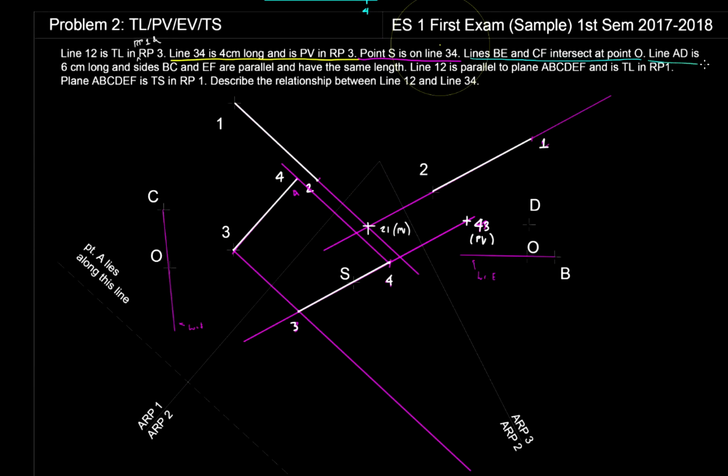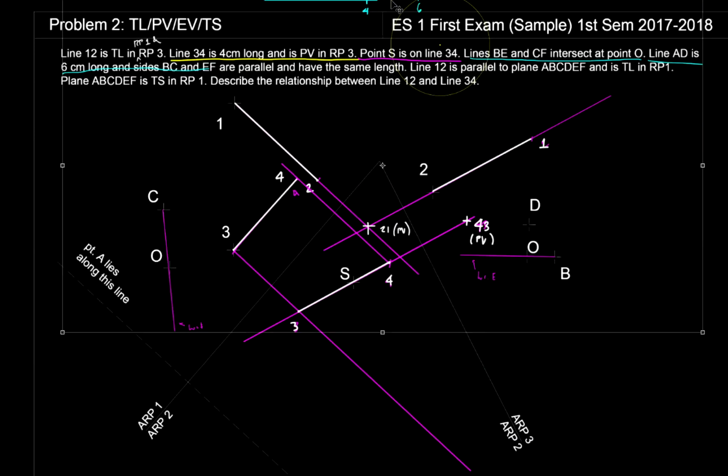The next is line AD is 6 centimeters long, and pwede sigurong i-adjust ko itong ano, no? Gaano kahaba yung 6? This should be dagdagan ko ng ganyan. This is 6 dito.